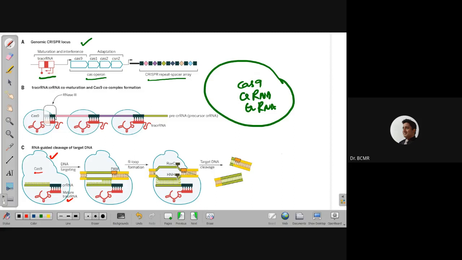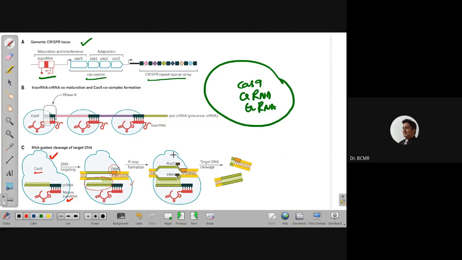One, there should be sufficient complementarity between the RNA and the target. Second, there should be a PAM sequence, which is a short sequence like GAA. It depends on the type of Cas protein. It's a very short sequence that should be interacting with the Cas protein.